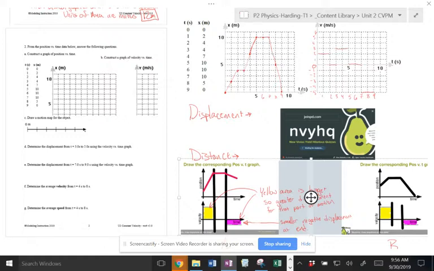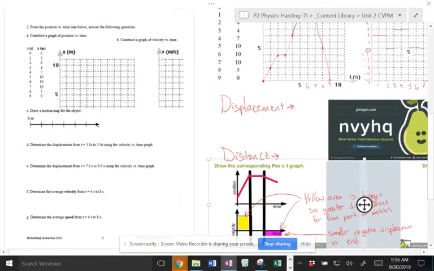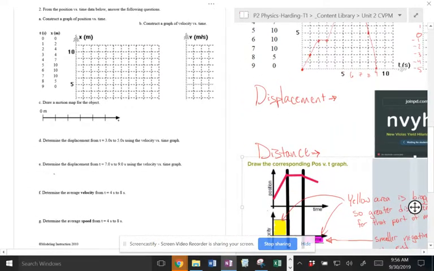And over there, we're wanting to know the displacement from 3 to 5 seconds. So we call that change in position, 3 to 5 seconds. What do you get for that?